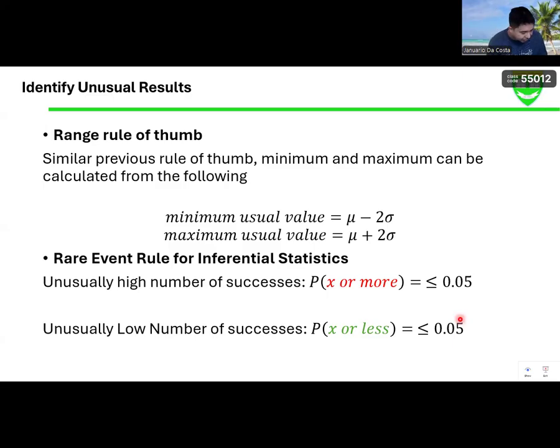Understand? If the probability of a certain outcome is less than 0.05, we call it a rare event. For an unusually high number of successes, that means the probability of X or more successes.